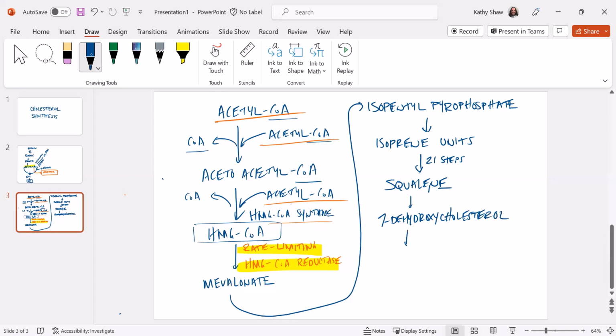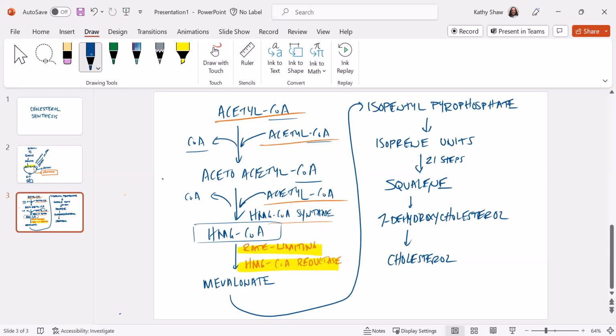That then gets converted to our cholesterol. And like we said, we have 27 carbons in cholesterol. So it's a big multiple ring structure, 4 rings molecule. So these are the steps we used to get there.